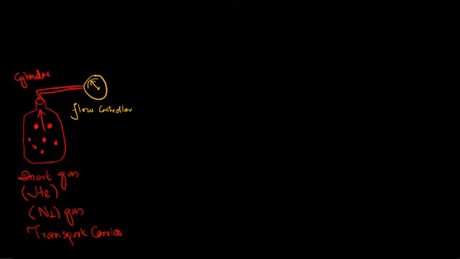So the flow controller basically controls the flow of the inert or nitrogen gas which acts as a carrier gas, and through the flow controller the inert gas is transported into a region usually known as the sample holding region of the gas chromatograph.